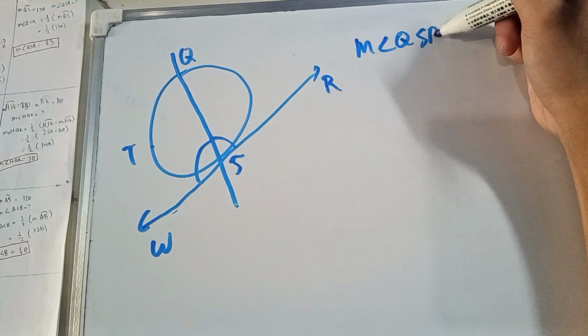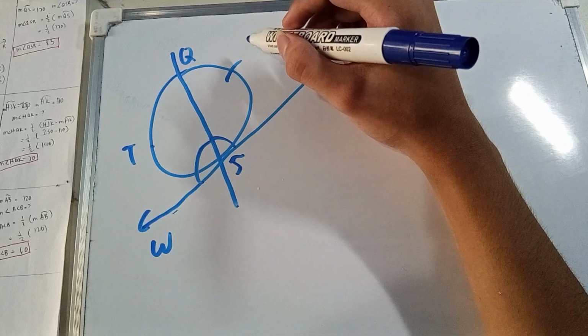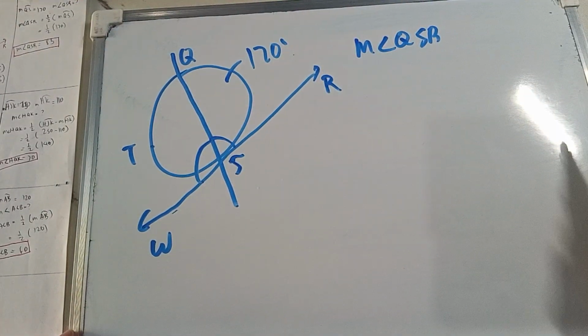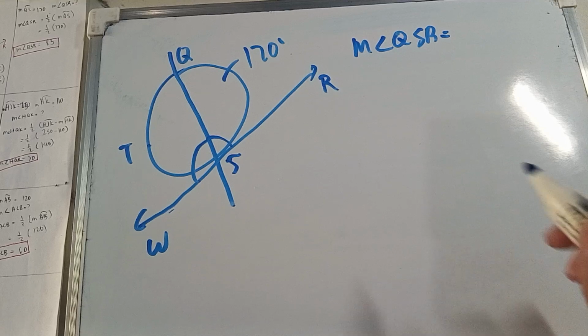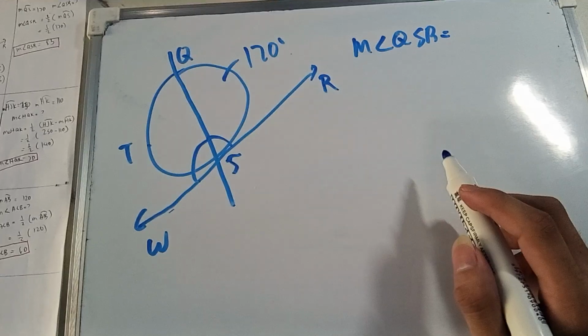If this arc is 170, to find the value of angle QSR, we must first be familiarized with the formula in this scenario.